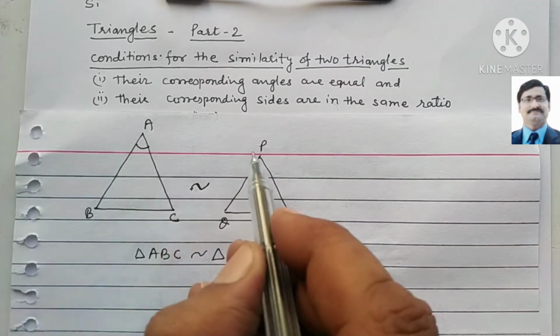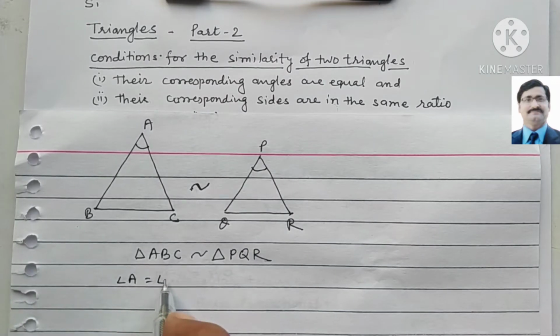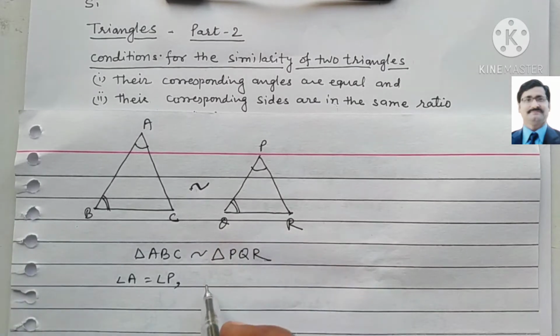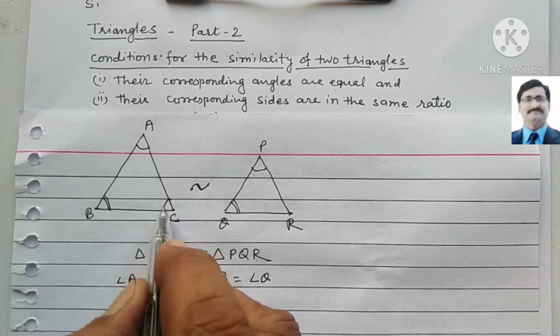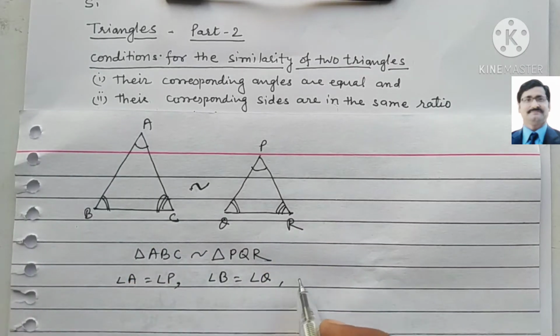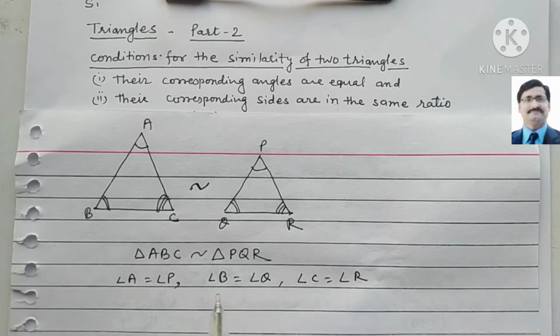Angle A is equal to angle P, angle B is equal to angle Q, and angle C is equal to angle R. So these are the corresponding angles that are equal.